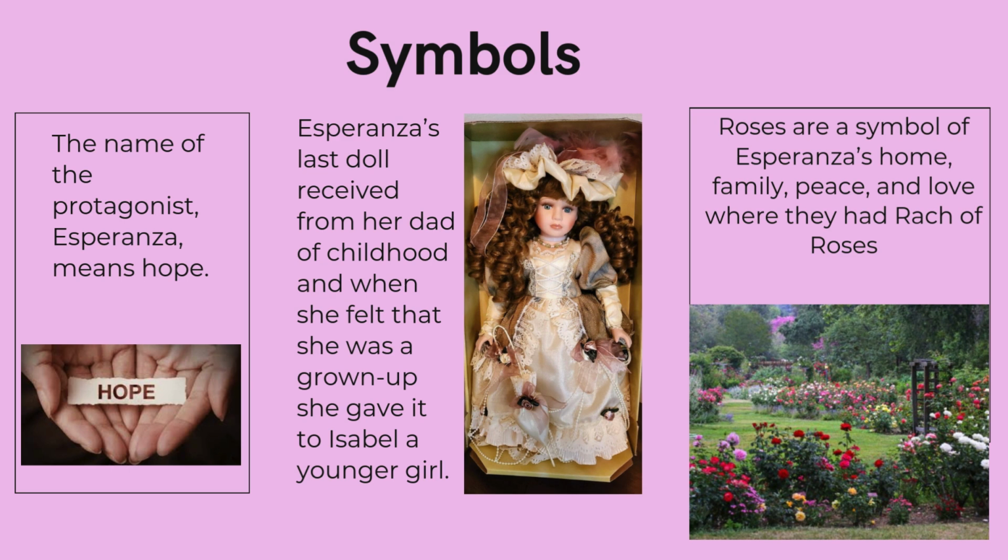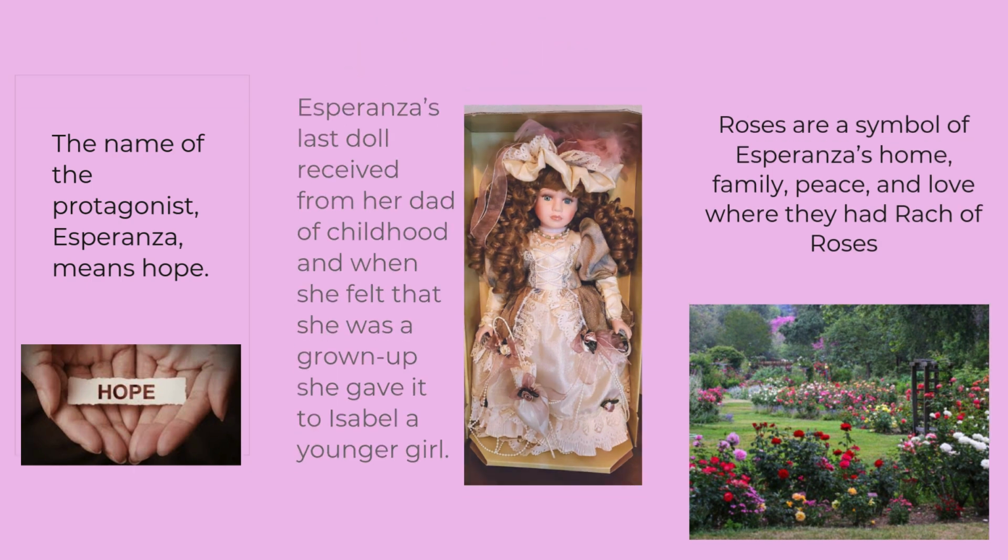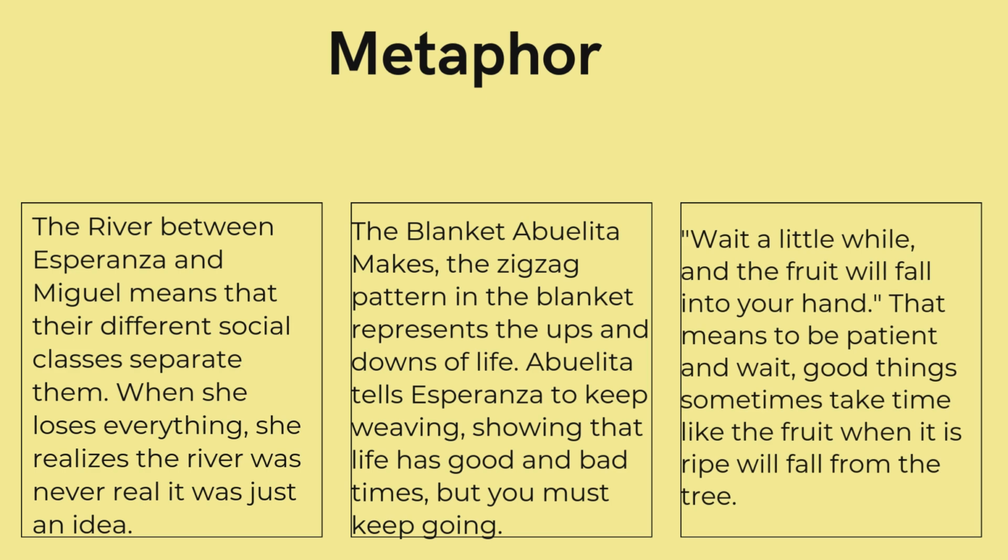And when she felt that she was grown up, she gave it to Isabella, a younger girl. Another symbol is the roses, which symbolize Esperanza's home, family, peace, and love, where they had the ranch, and then they brought some plants to the United States.